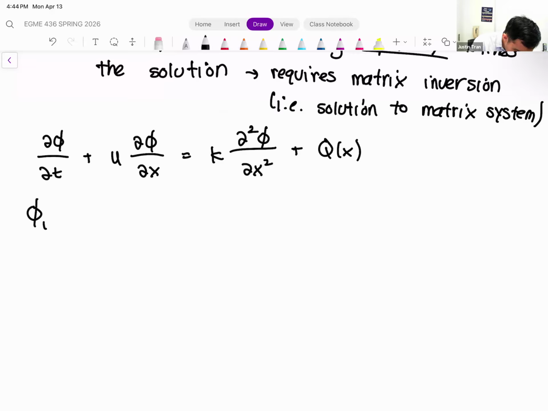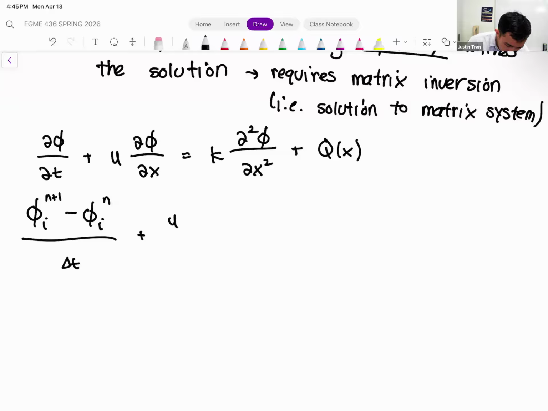For the time derivative, let's do that one first. We have phi I n plus 1 minus phi I at n, divided by delta t. Remember, for the time derivative, we are limited to just forward difference, because we can't really go too far back in time, so we can't use a central difference here. So that's all we end up with. Next, we have the convection derivative.